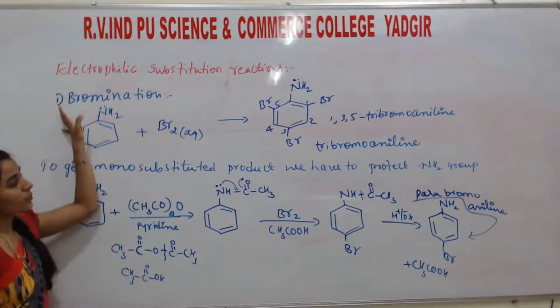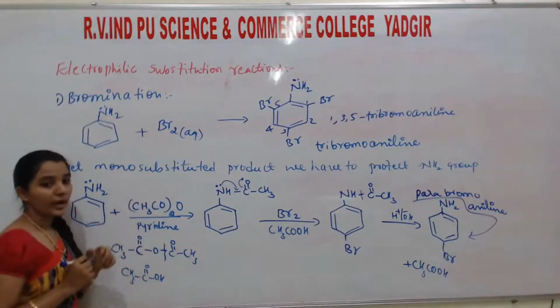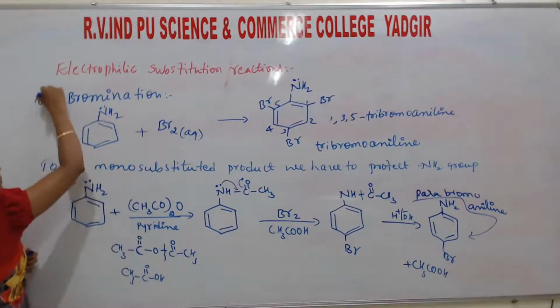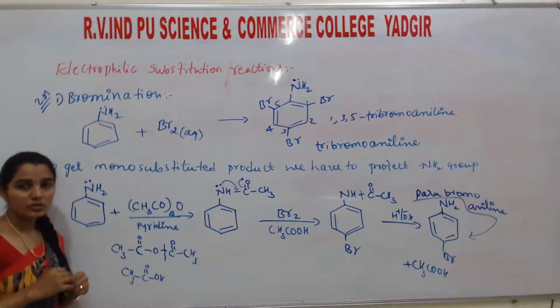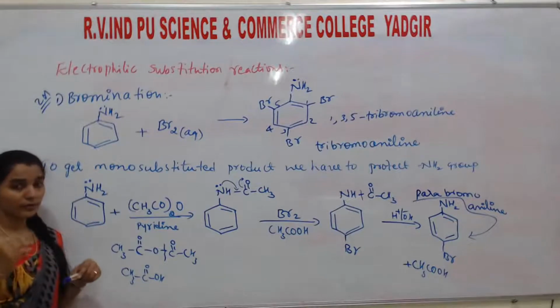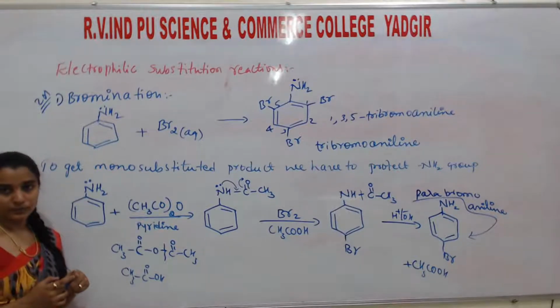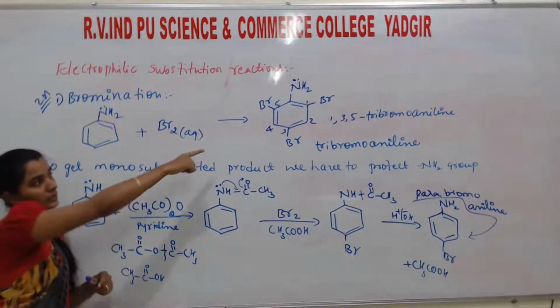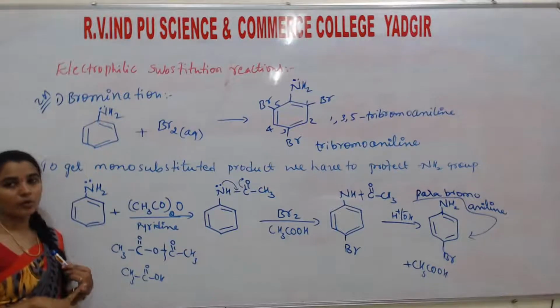Understand? So this is bromination. Two types of reactions are there. So students, this type of reactions are very, very important for 2 marks. They will ask directly in the examination what happens to the aniline, or what is the product formed when aniline reacts with bromine water. Bromine water they mention means we get 1,3,5 tribromoaniline.